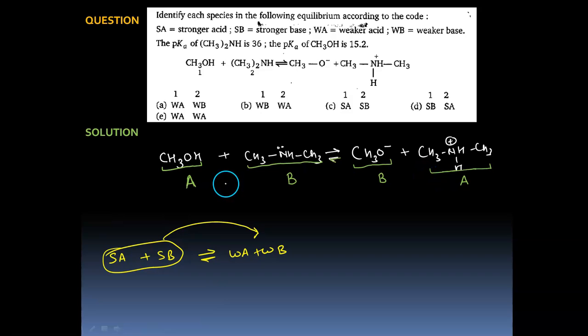Over here it is given that pKa, I mean, even if we don't consider these values, from our general organic chemistry concept we can solve it, because they are saying that pKa of CH3OH is 15.2 while that of the other one is 36, which means that this would be a stronger acid. And as compared to this, CH3OH is going to act like an acid in the reactant.